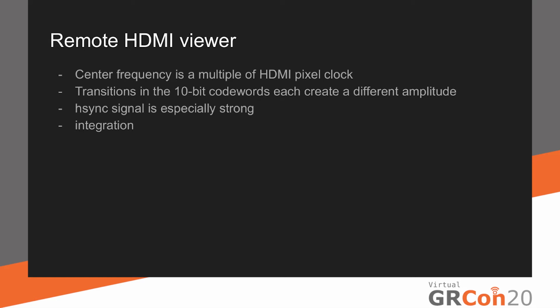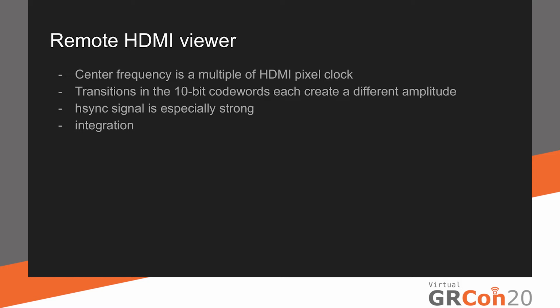Now, as I said, the center frequency of the signal emanated by the HDMI display is an integer multiple of the pixel clock. But HDMI should be digital, so why on earth would it be transmitting analog video?